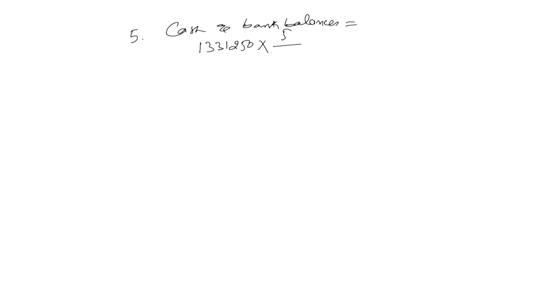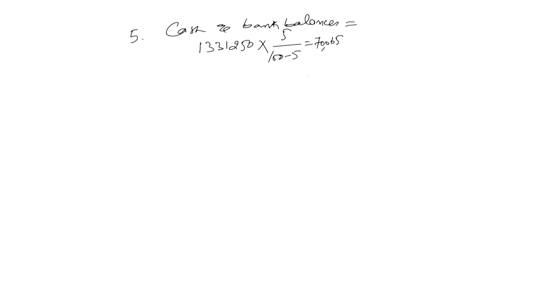So, 5 divided by 100 minus 5. The total amount we will work out here will be something like 70,065 rupees. 70,065 rupees you will add into this.